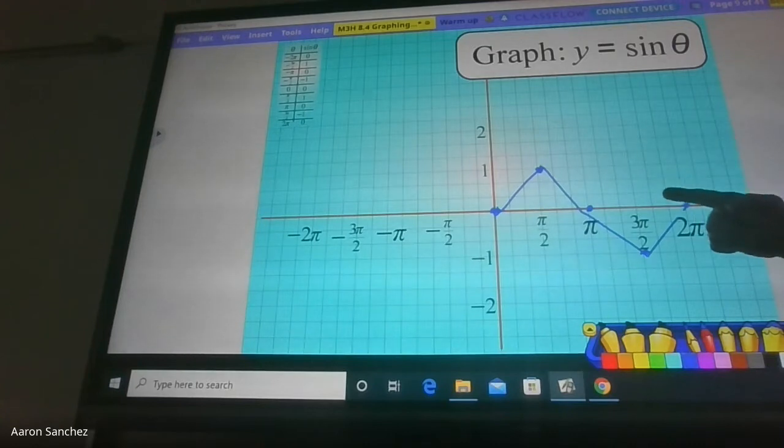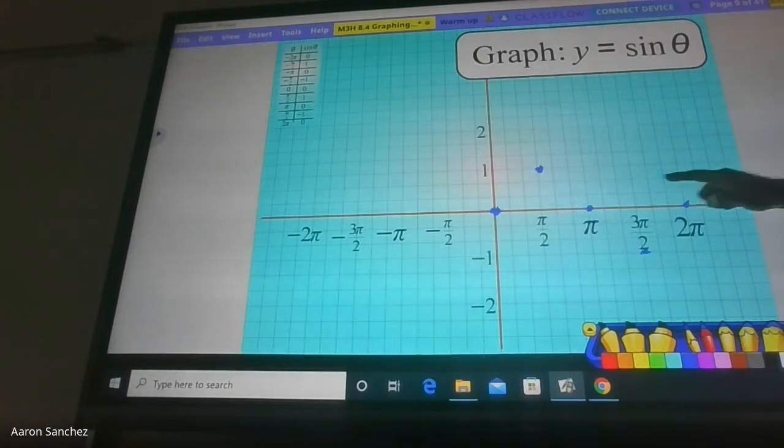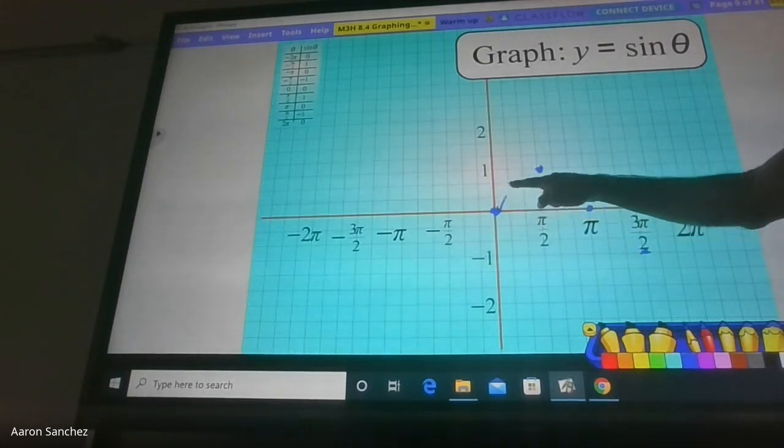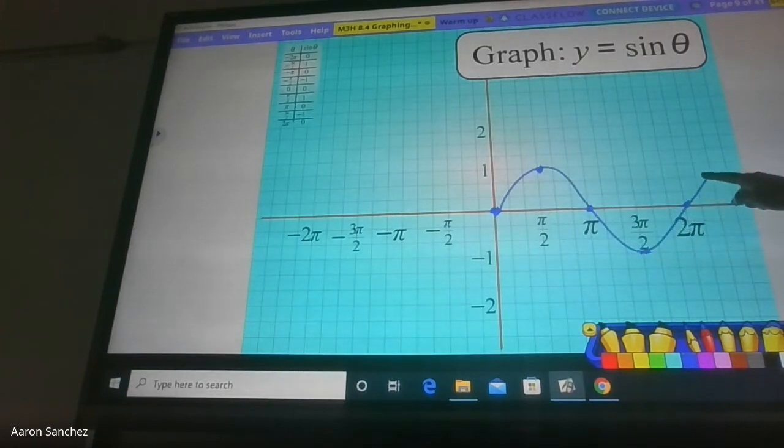Don't make it look like that. No points. It needs to be more like an S, curvy. So make it like this. Curvy, and it goes on forever, so you put the little arrow there. Make sure it's curvy.